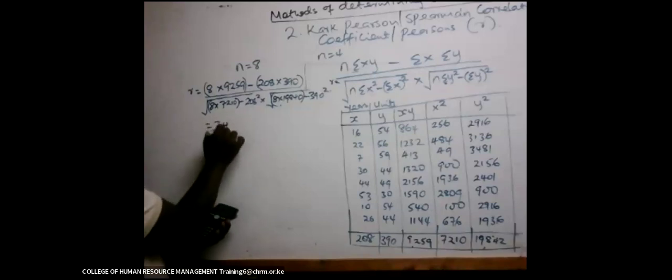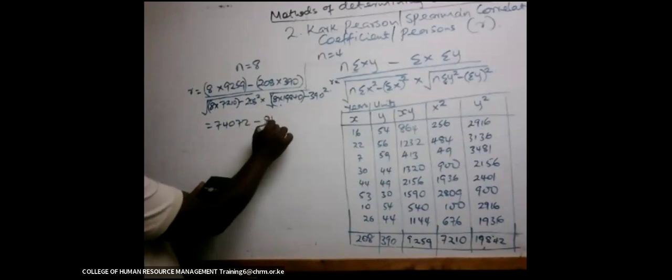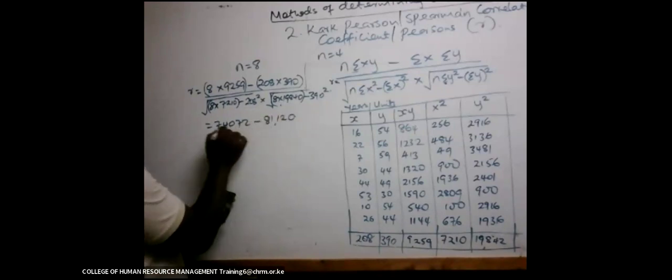So what are you going to get? Now you just work out 8 times 9259, you get 74,072 minus 208 times 390. You get 81,120.